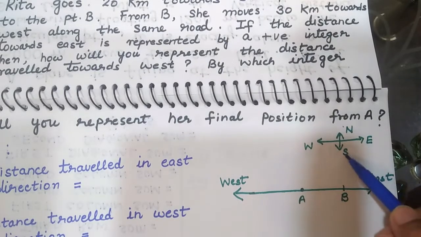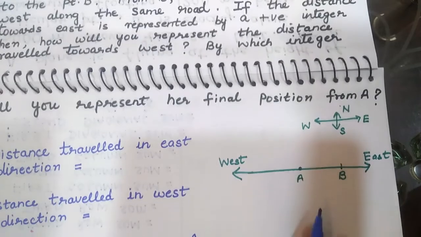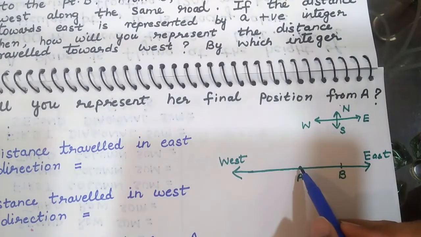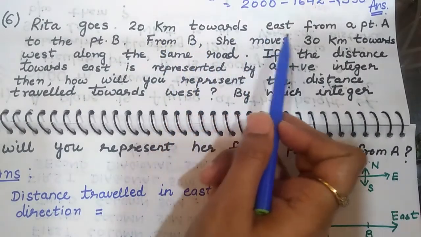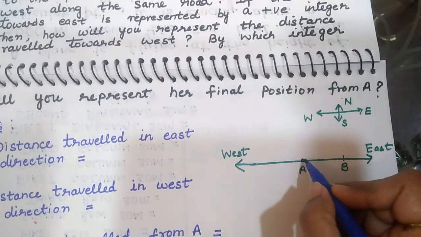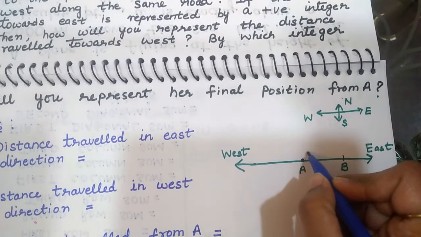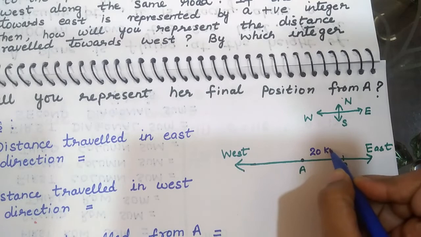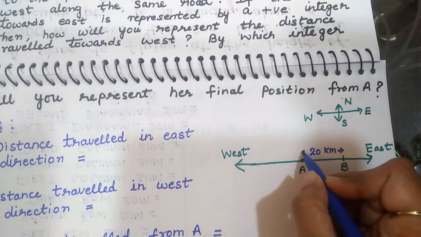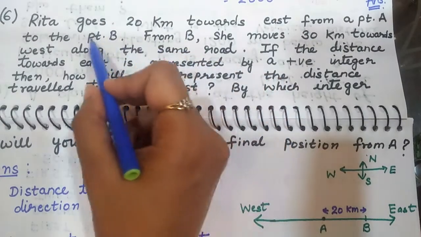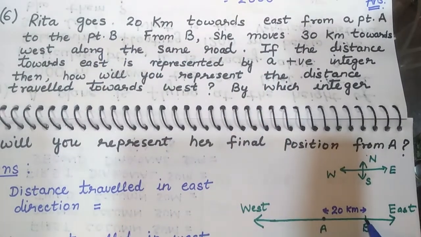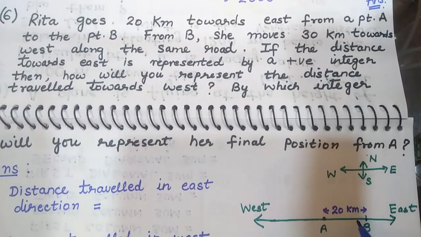We know it is north, south, east and west. According to the question, she started from point A and she moves 20 km towards east and reached point B. So the distance between A and B is 20 kilometer.